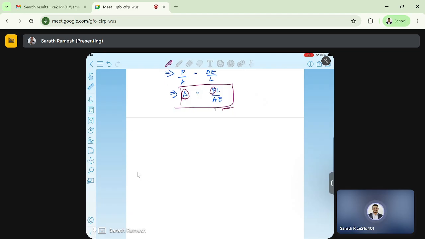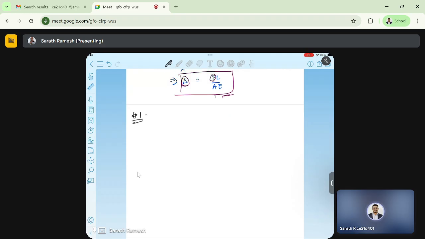of shaft subjected to axial loads. So let's dive into problem number one for the day. Suppose I have a shaft like this. This is A, this is B, this is C. There are two diameters.